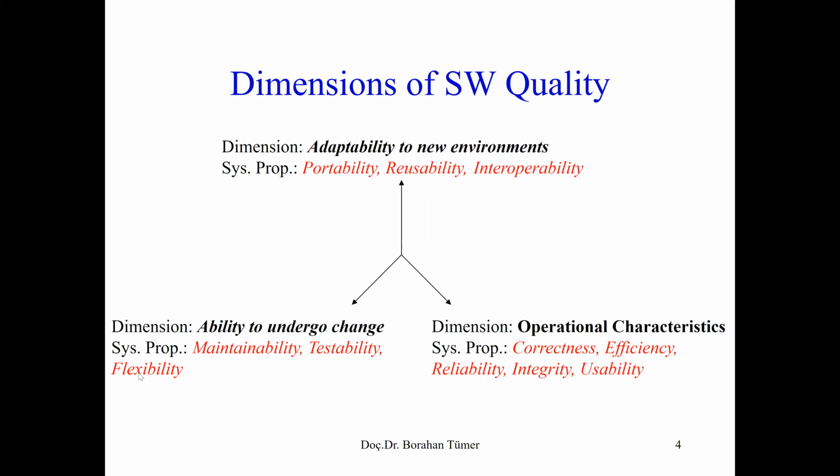Maintainability, testability, and flexibility are the three system properties that directly define the ability of the software product to undergo change. So in other words, from the assessment of the maintainability, testability, and flexibility of the software product, we can deduce how capable the software product is of undergoing changes.